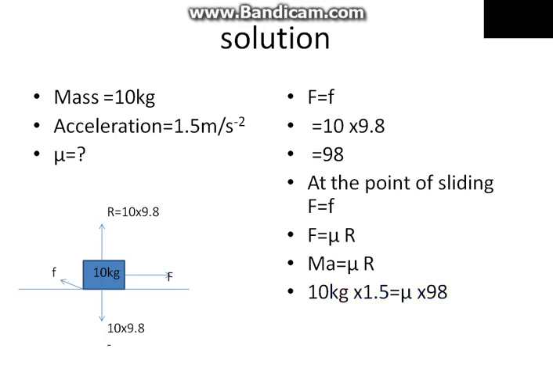Then 10, the mass of the body, times the acceleration, which we have been given to be 1.5, is equal to mu, which we are looking for, times the 98, the reaction we have already gotten. We make mu the subject of the formula: 10 kg times 1.5 meters per second squared all over 98 meters per second squared. We now get 0.15.